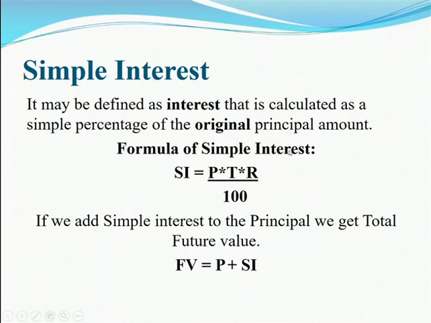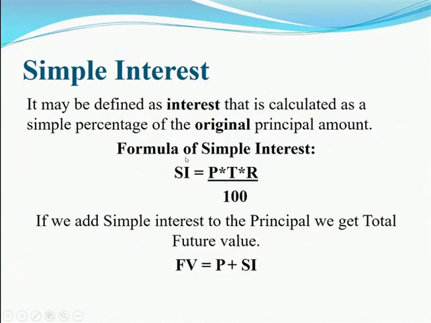Formula of simple interest is SI equals P into T into R divided by 100, where SI is the short form for simple interest, P stands for the original principal amount, T stands for the time period, R stands for the rate of interest divided by 100.